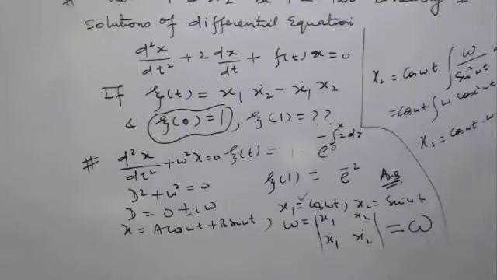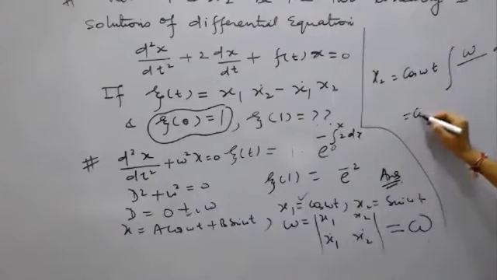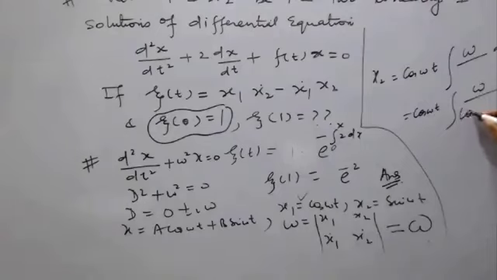omega t by omega. Sir, won't cos omega t come there? Sorry, yes, sir, cos square omega t in x2. Sorry, I made a mistake. So this will become cos omega t integral W over cos square omega t dt.